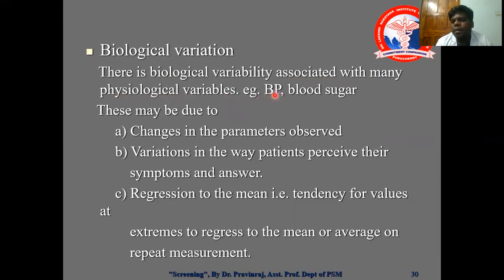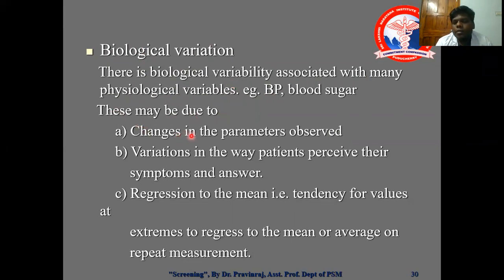For example, BP: we have white coat hypertension. When a person goes to see a doctor, suddenly his BP shoots up. Then if you ask him to wait for 5 minutes and take it again, he will have a normal BP. So this variation that you had previously because of the doctor is physiological variation, that is biological variation, coming from the patient himself.